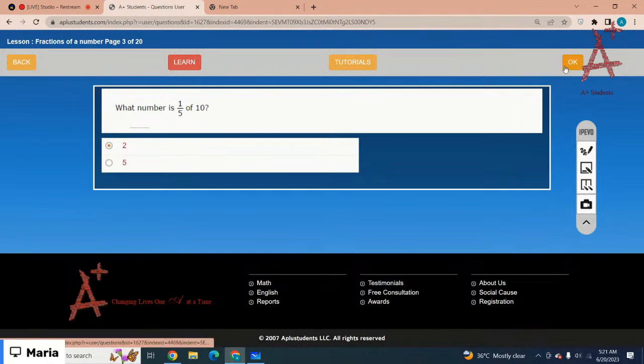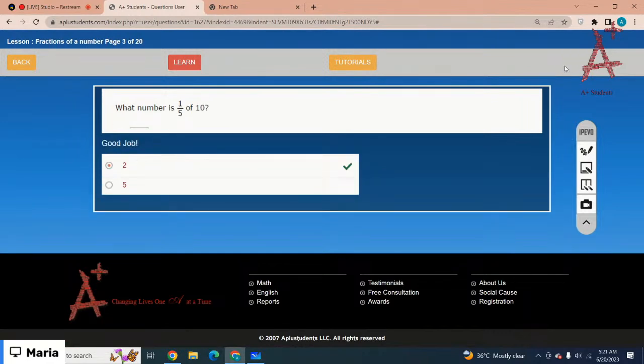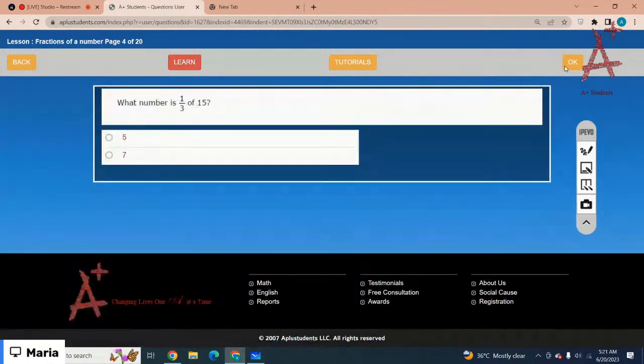The correct option is 2. What is one third of 15?